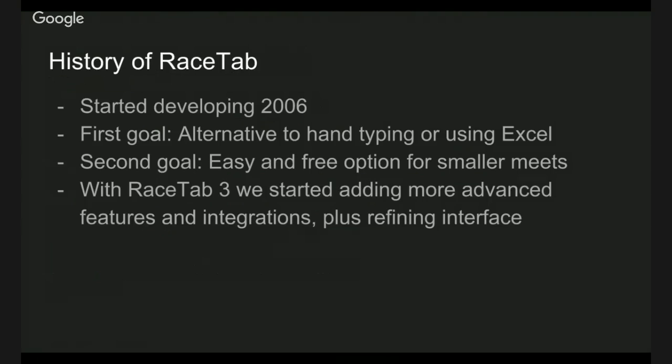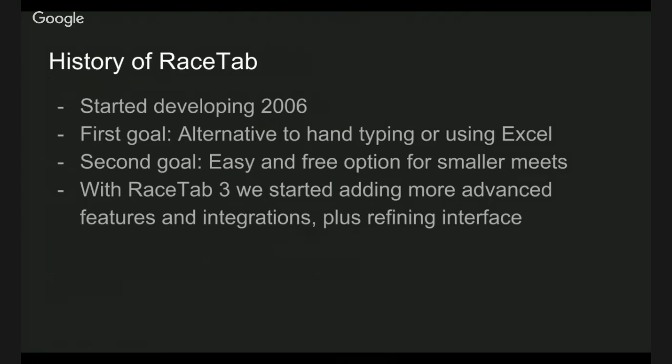We had to hand type it. It was just a mess. We also had some people typing results into Word and into Excel. It was a lot of work for them, and it was a bad format for us, and people wanted to get their stuff published quickly. So we developed RaceTab for that purpose, where we said, don't use paper, don't use Excel, use this. So we made it very easy.